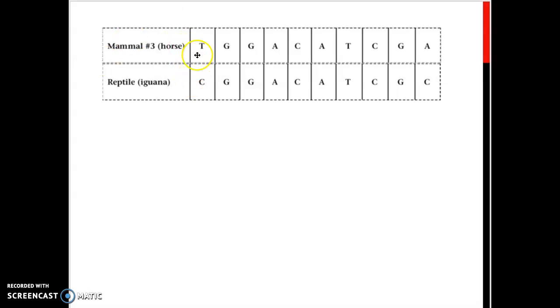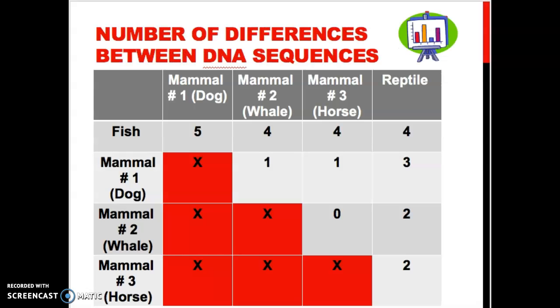You have one difference here. And again, these are all the same until I get to the end, and that's a difference. So in my chart, I'm going to add a 2. So your completed chart for part A should look like that. Double check, pause the video, double check your numbers if you need to, make sure you have everything correct.